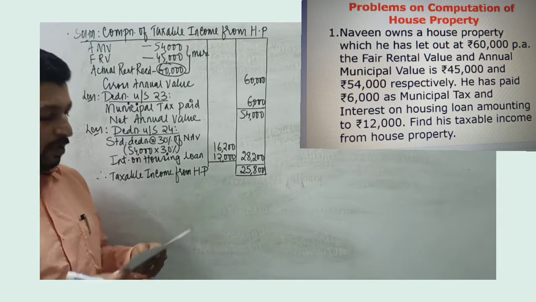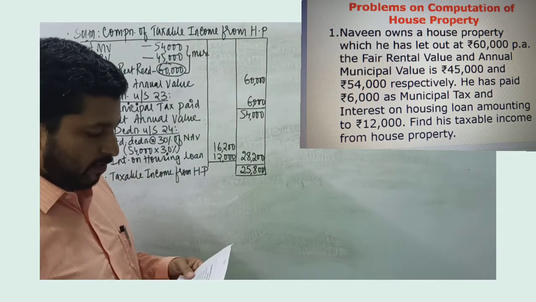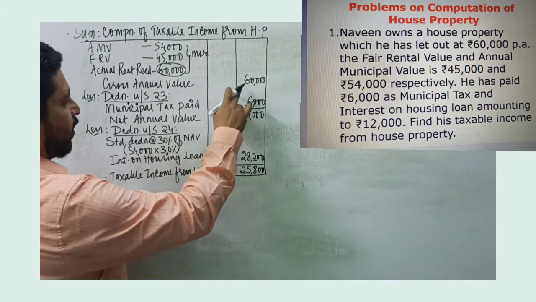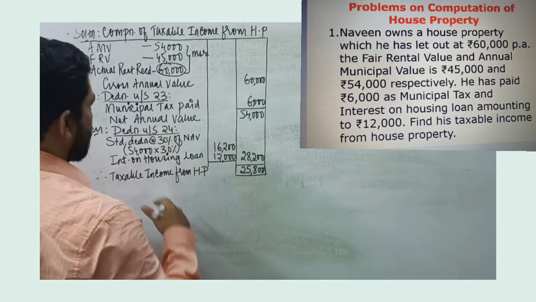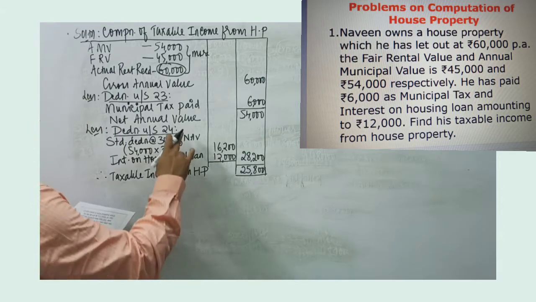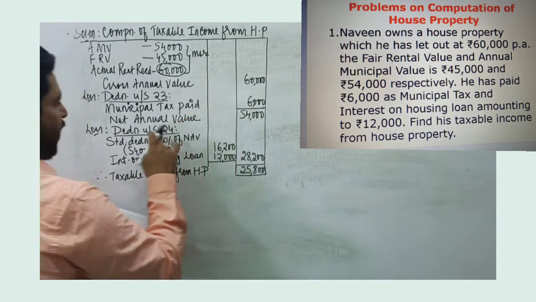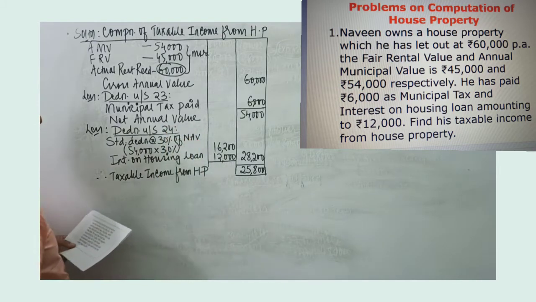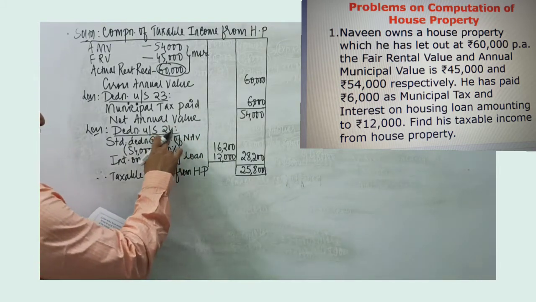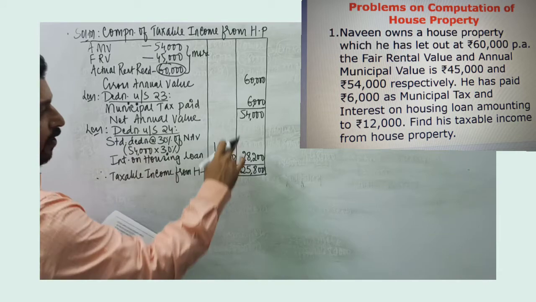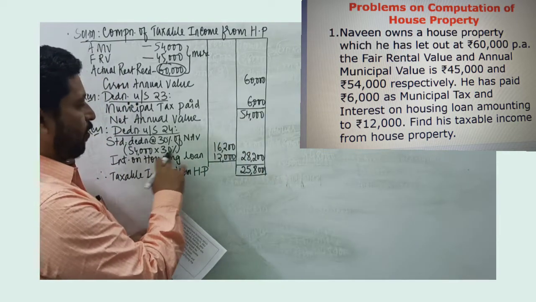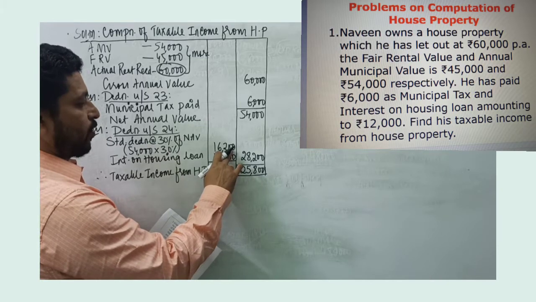So this is about the first question, that is Naveen's problem. We have calculated the gross annual value, then municipal tax paid has to be deducted. We arrive at what is called the net annual value. From the net annual value we have two deductions under section 24: standard deduction at 30% of NAV, which is 54,000 into 30%, that works out to 16,200.